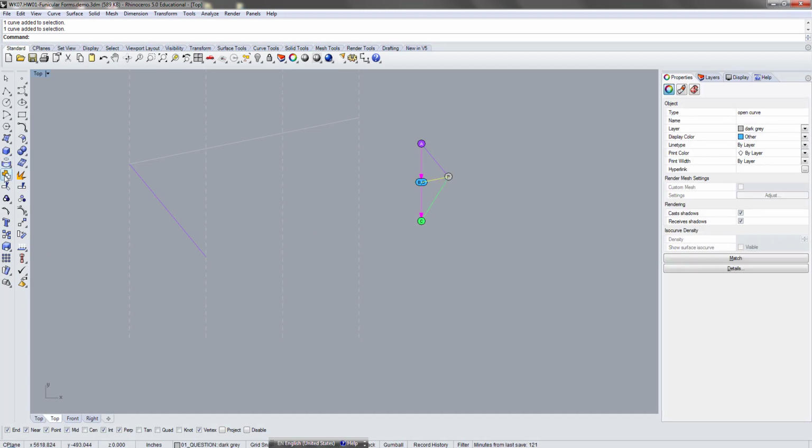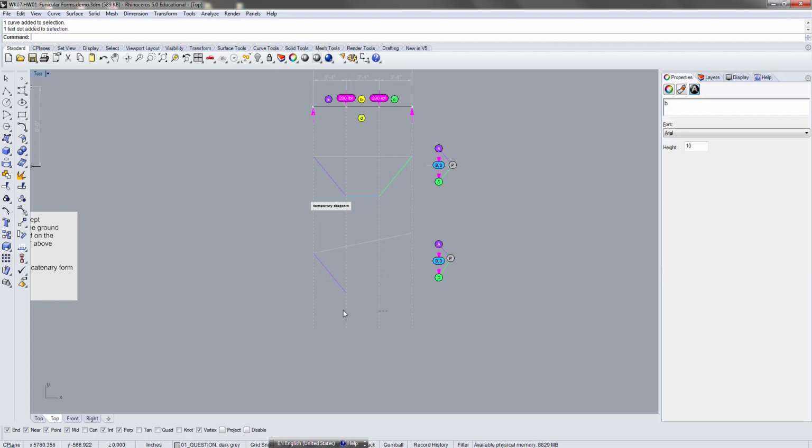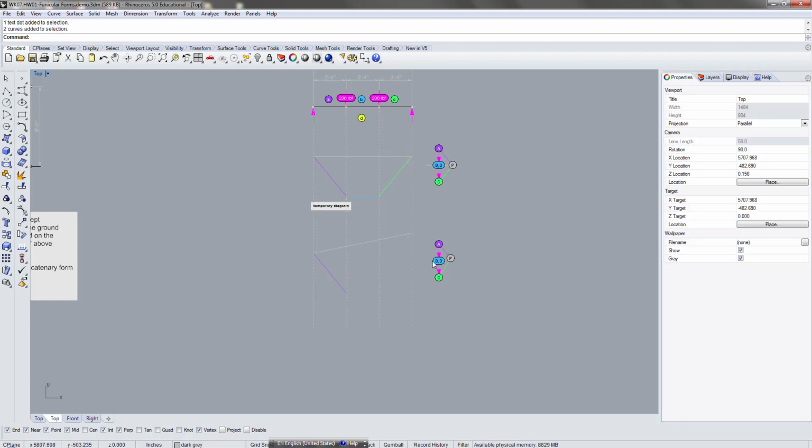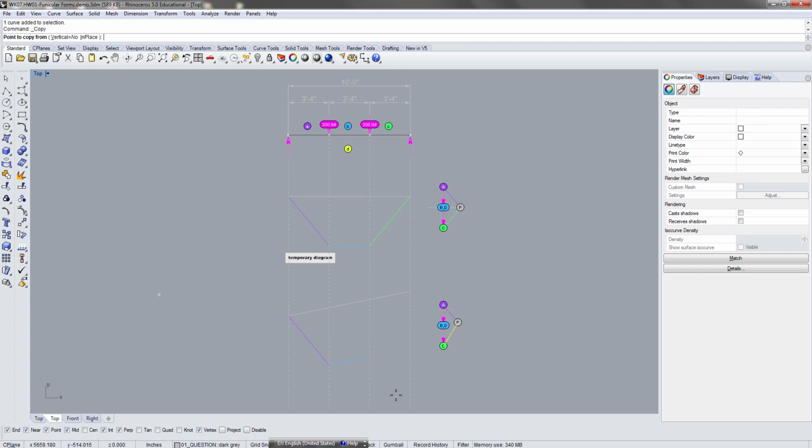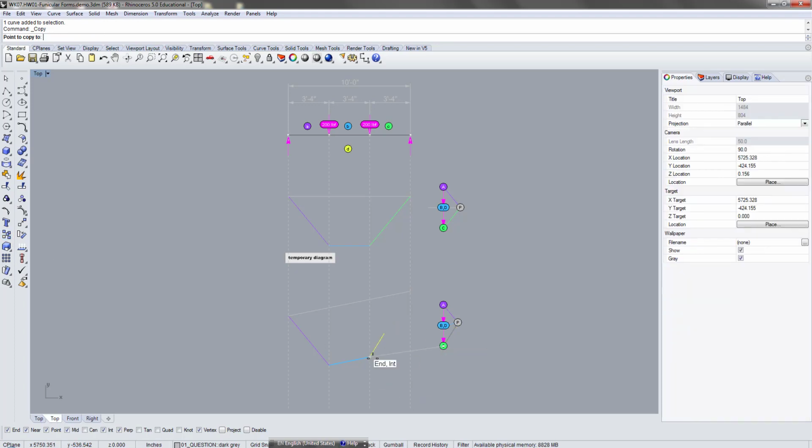Each of these three segments is already identified. PB is what should match what's in area B, so I'm going to anchor that to the endpoint of the first line. And then the last segment of the funicular curve is the line CP.